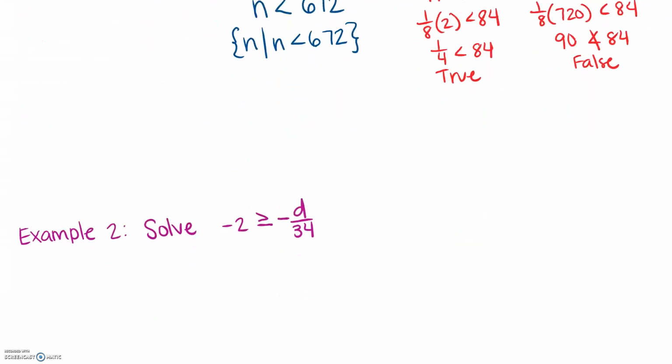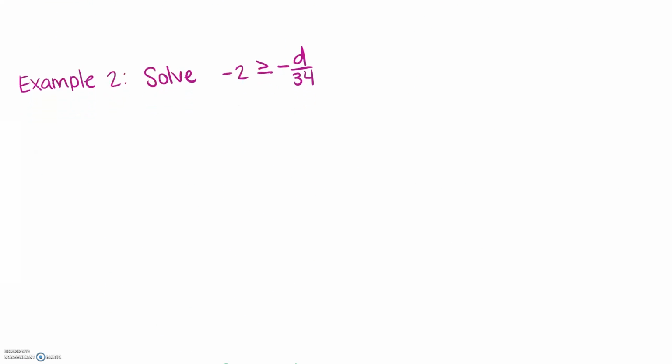Now let's move on and look at example 2. In example 2, we have to solve -2 is greater than or equal to negative d divided by 34. Here, we are going to multiply by our denominator again, the -34.